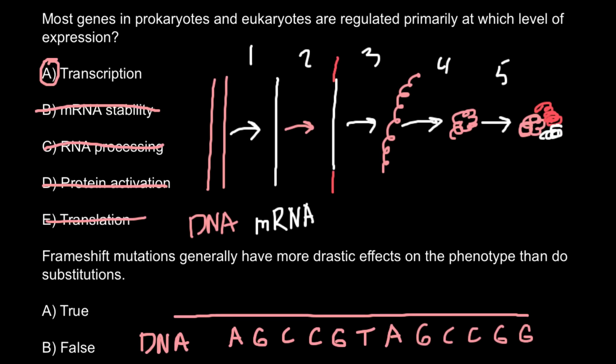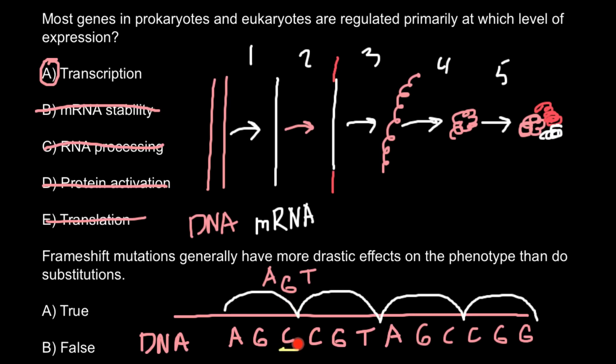And every 3 bases here code for 1 out of 20 amino acids. And imagine that this cytosine would be substituted with a different base, for example guanine or thymine or adenine. This might lead to this trinucleotide or codon coding for a different amino acid, but the rest would be the same.